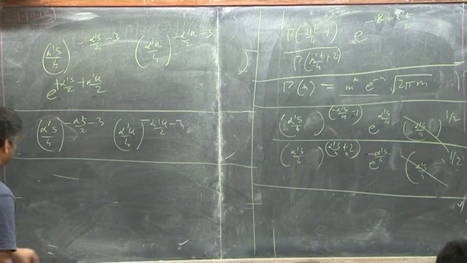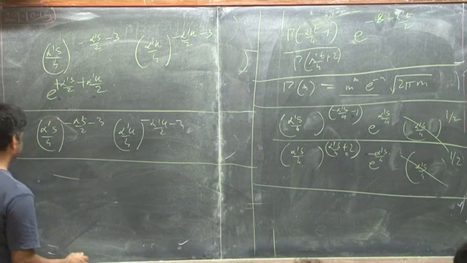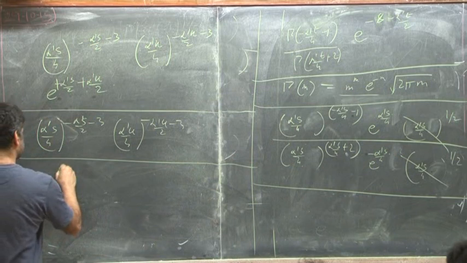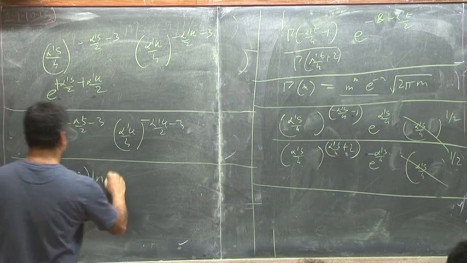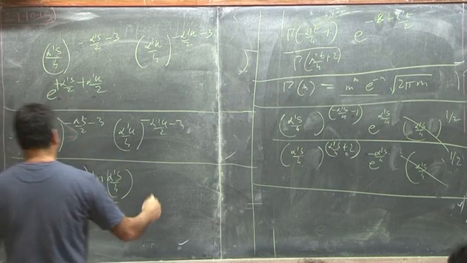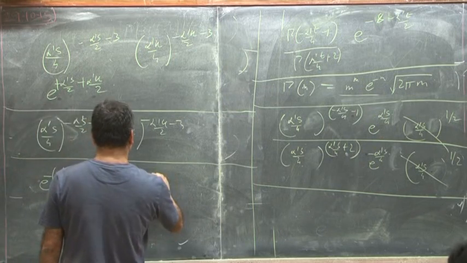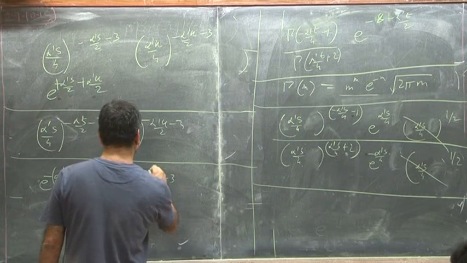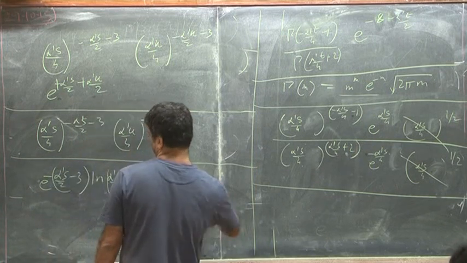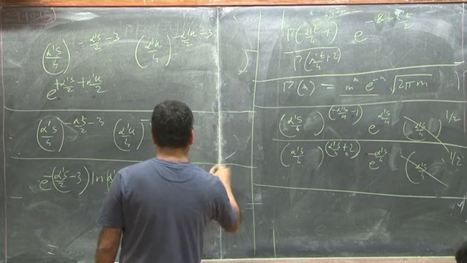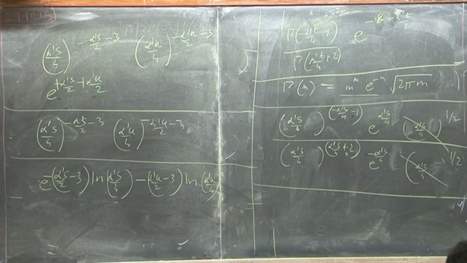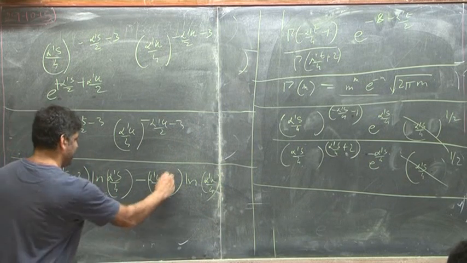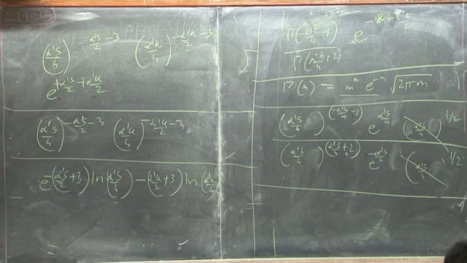So now we will once again evaluate this as e to the power minus alpha prime s by 2 minus 3 into log alpha prime s by 4. Okay. Minus alpha prime u by 2 minus 3 into log alpha prime u by 2. Plus 3. Plus 3. Thank you. Okay?